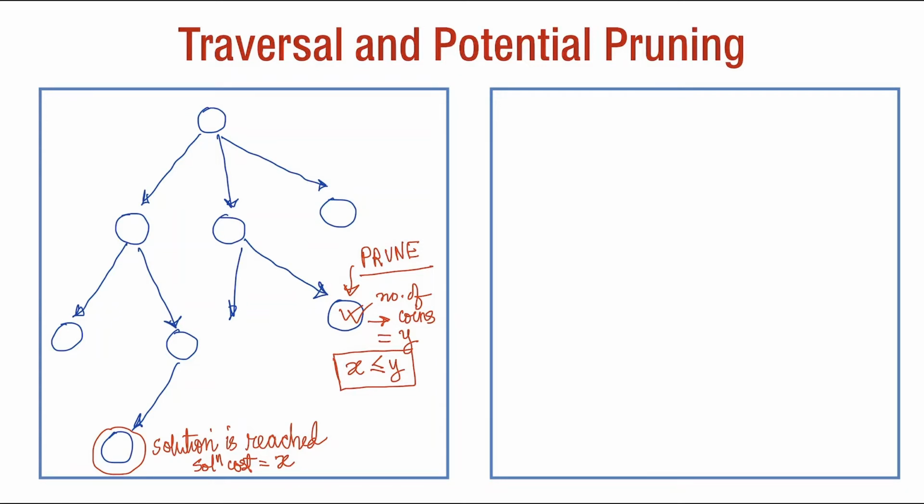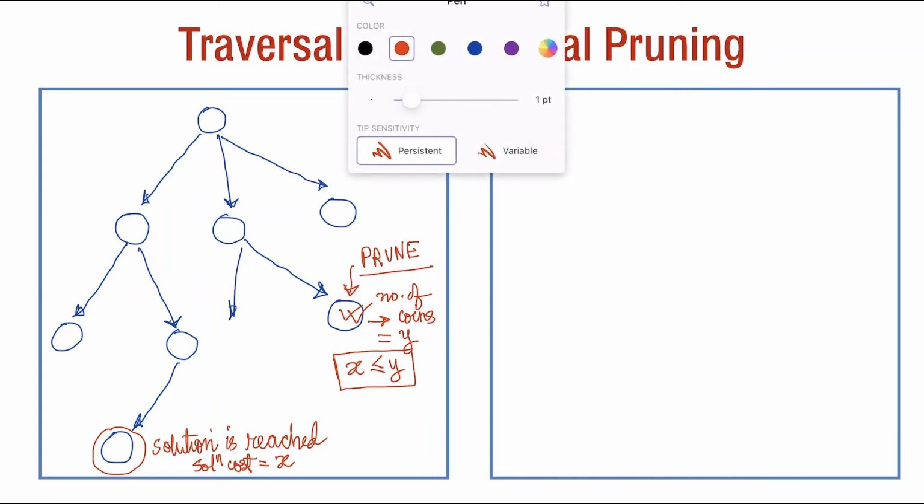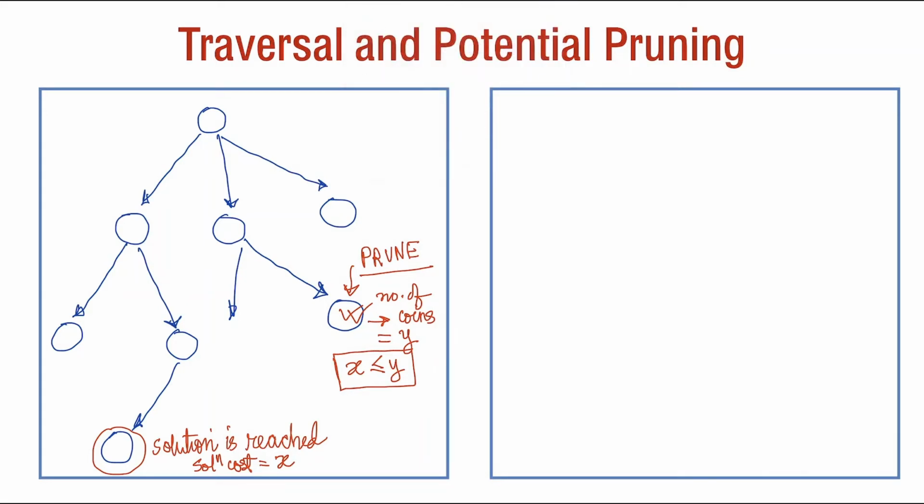So if we are traversing this in a depth first manner, then during this depth first traversal we can do a pruning. And how do we do this pruning? We do this pruning in the following way.